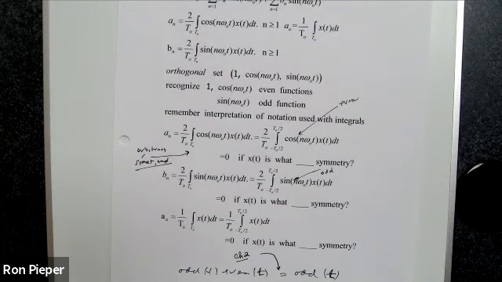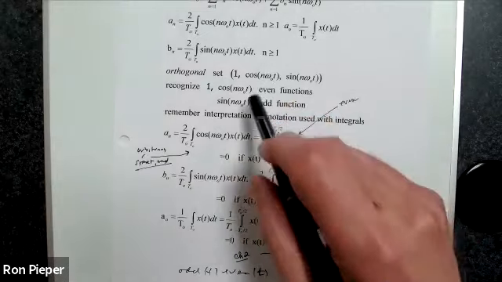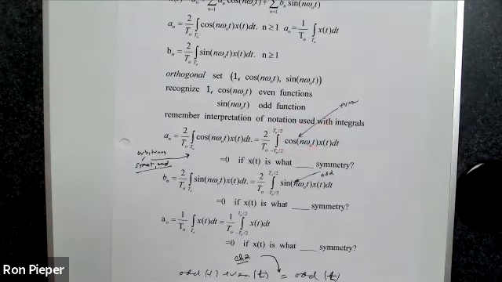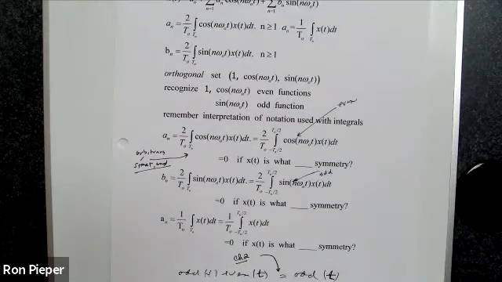You can try this for yourself if you're not confident, but I believe you can see that's true. Replace t with minus t, and the cosine of minus x is the cosine of x, and the sine of minus x is minus the sine of x. So changing t to minus t identifies them as even and odd functions accordingly.